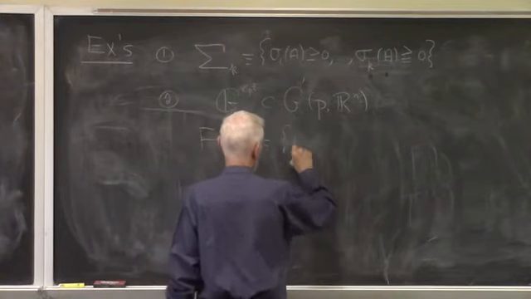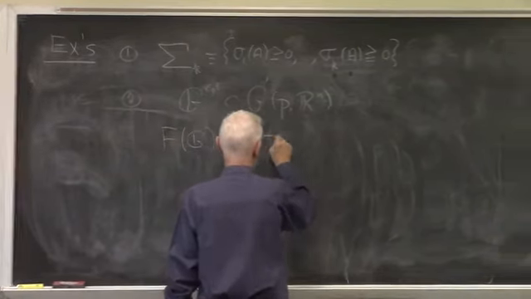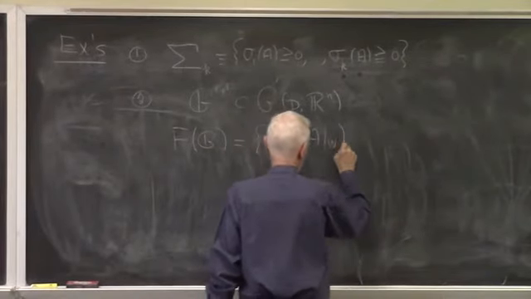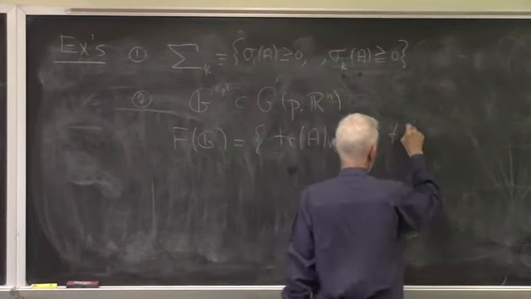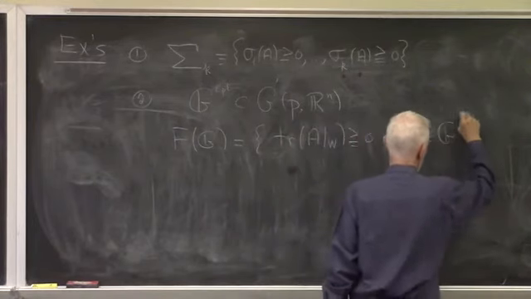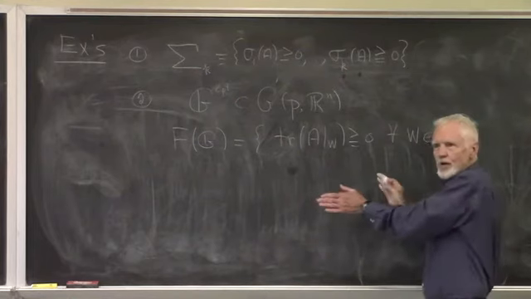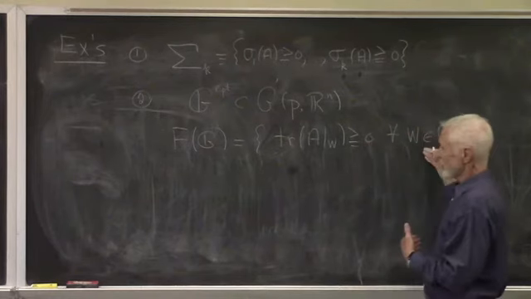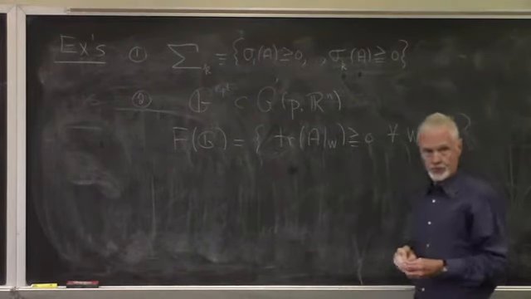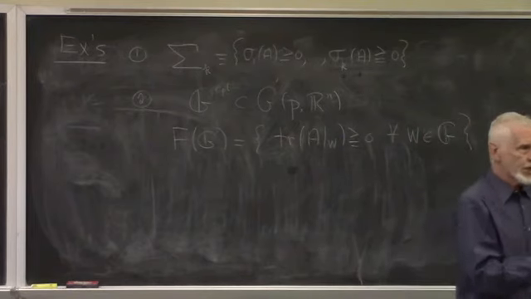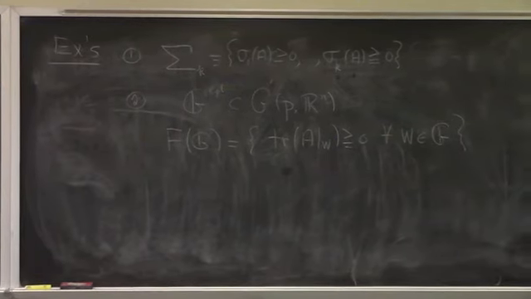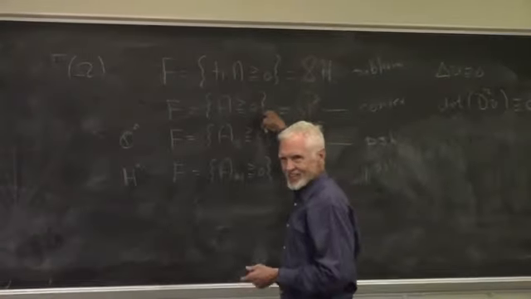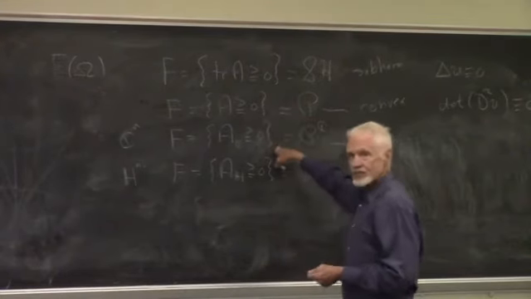This is equal to the set of A that has the property that the trace of A restricted to W is greater than or equal to 0 for all of these distinguished planes. So this is some compact family of p-planes, and you ask that the trace on every one of these p-planes be greater than or equal to 0. If, for example, you start with the set of all real lines, it simply means that you're here. If you take all the complex lines, you get this.